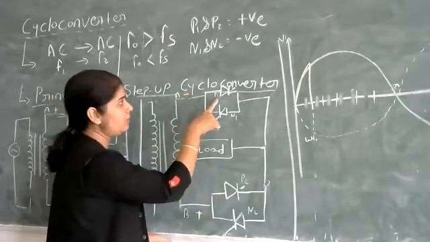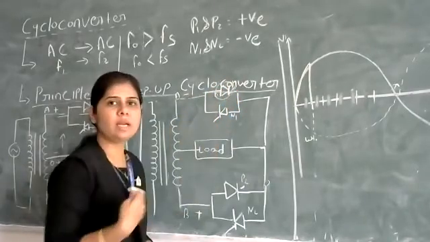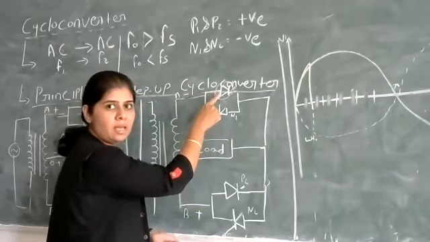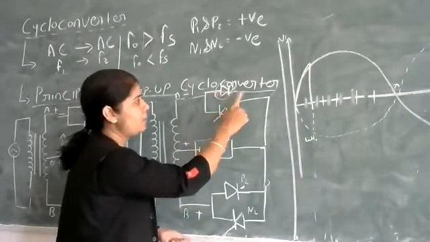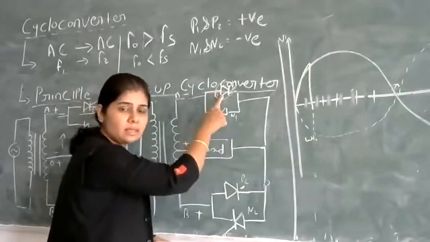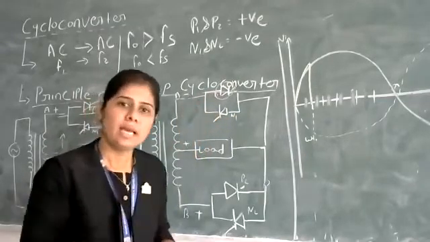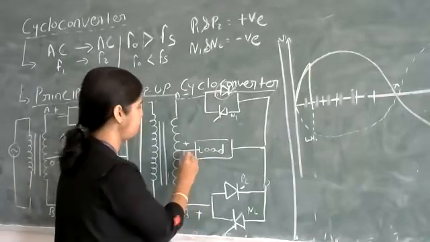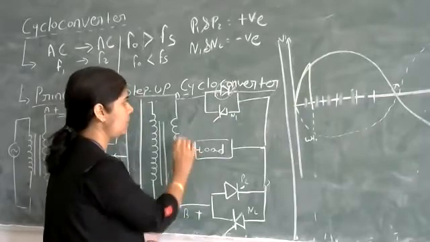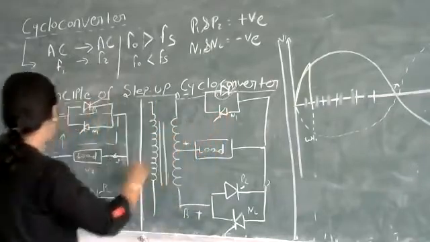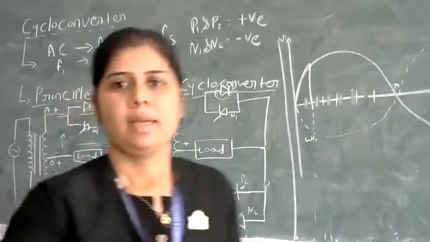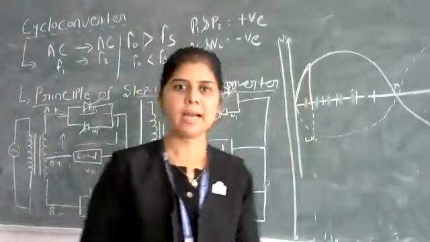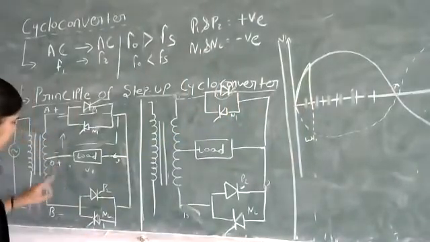Since the anode is connected to the negative terminal and the cathode to the positive, thyristor P1 is naturally commutated. Now we trigger thyristor N2. This is positive, this is negative.